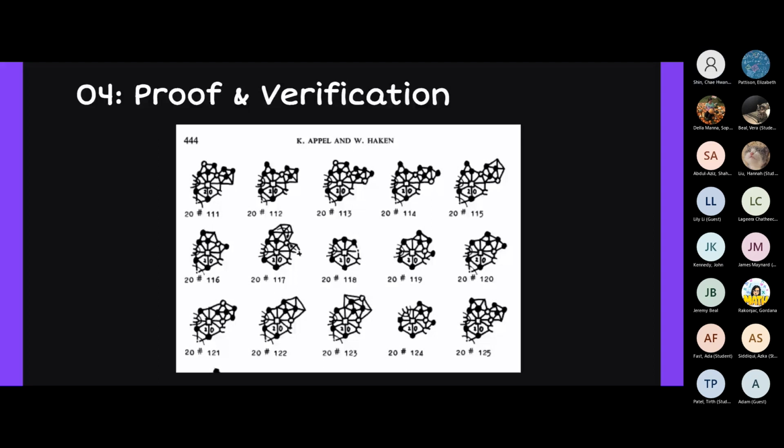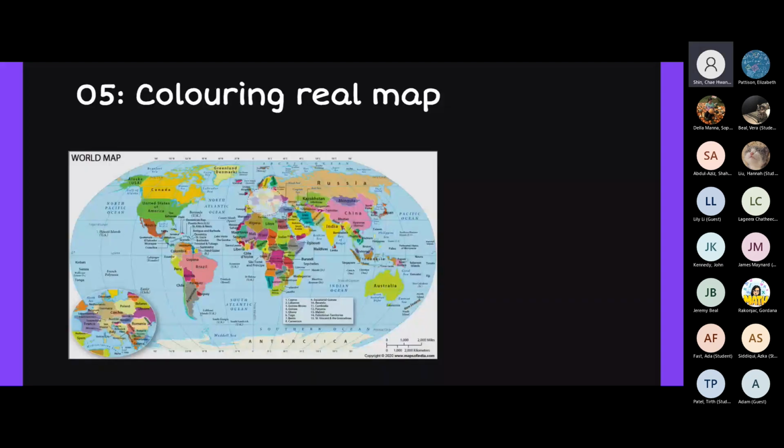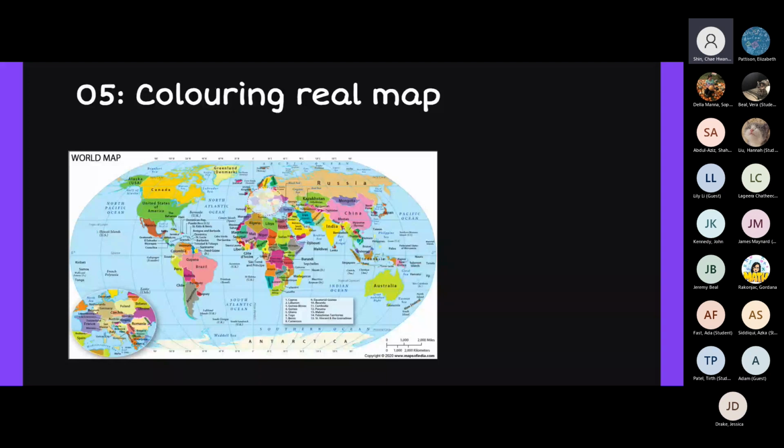Coloring the real map. As shown earlier, this problem starts with the question whether it is possible to paint the map with four colors. So the proof of the four-color theorem itself is not useful. The four-color theorem is just a theoretical statement that it is possible to paint all the regions with four colors. But in the maps you can see on both sides, there is no reason to color maps using only four colors.